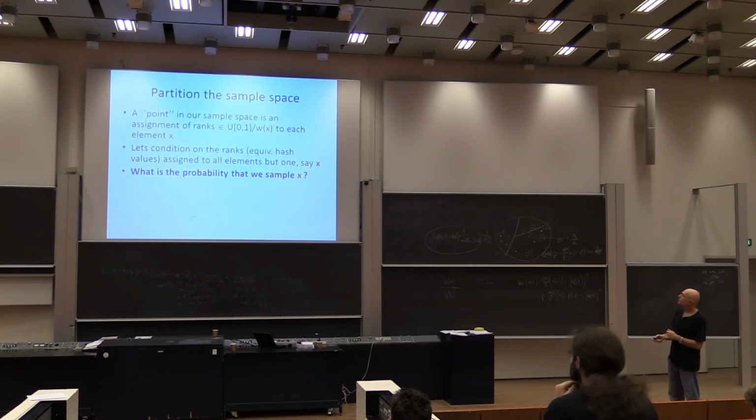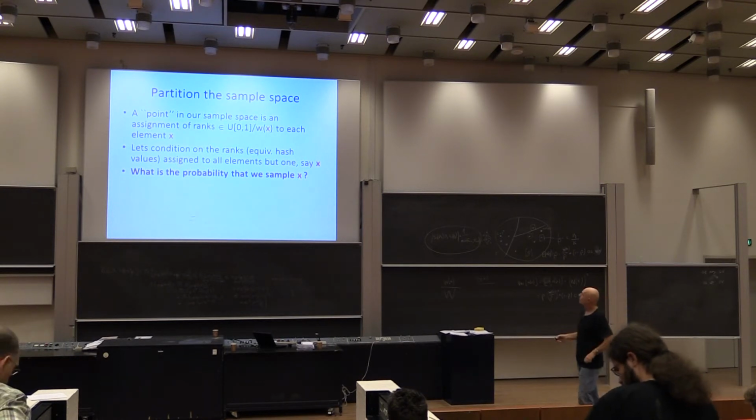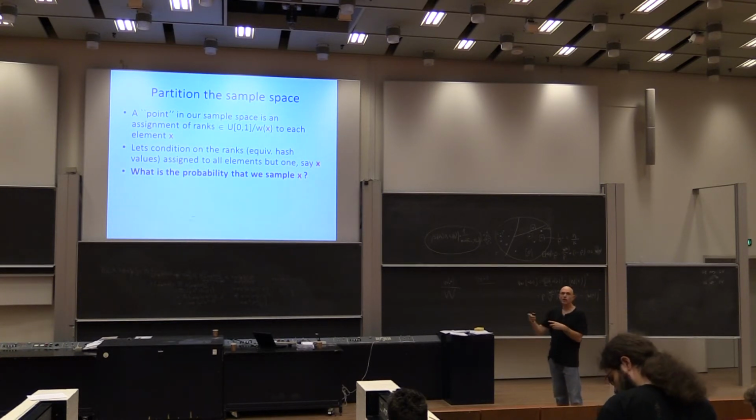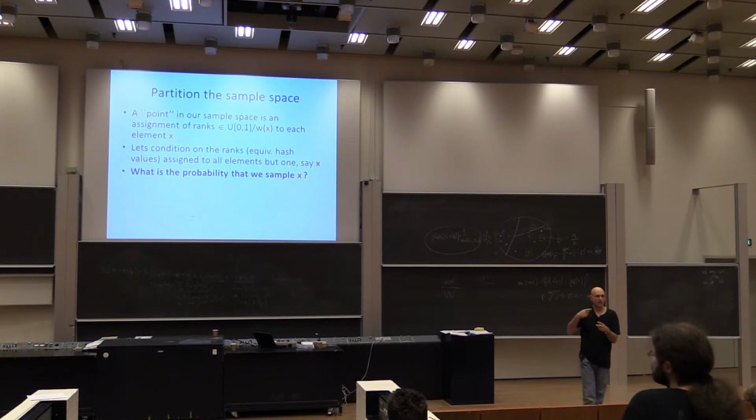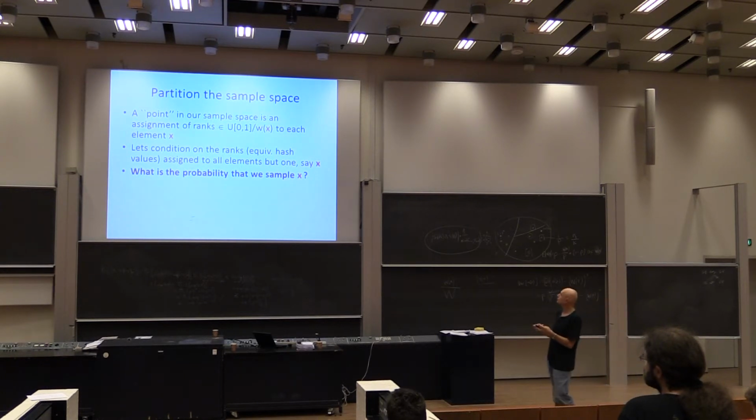Okay, so now after we make this change, everything else basically stays the same. The same way that I got my previous estimators continues to work, just I'm using the ranks instead of the hash values.